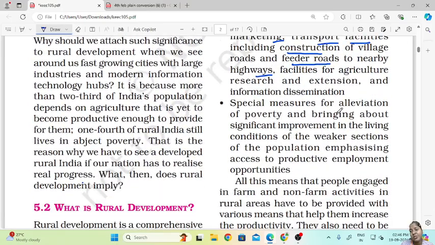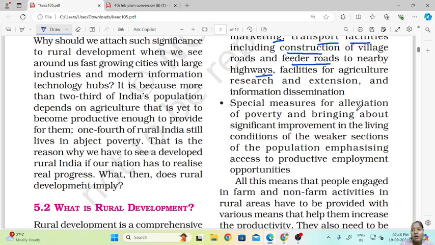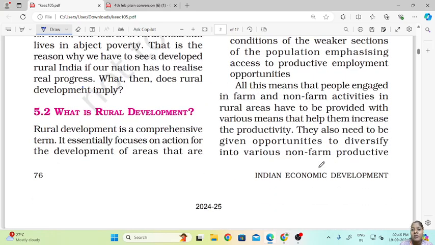Then special measures for alleviation of poverty and bringing about significant improvement in the living conditions of the weaker sections of the population, with emphasis on access to productive employment opportunity. This means that people engaged in farm and non-farm activities in rural areas have to be provided with various means that help them increase productivity.